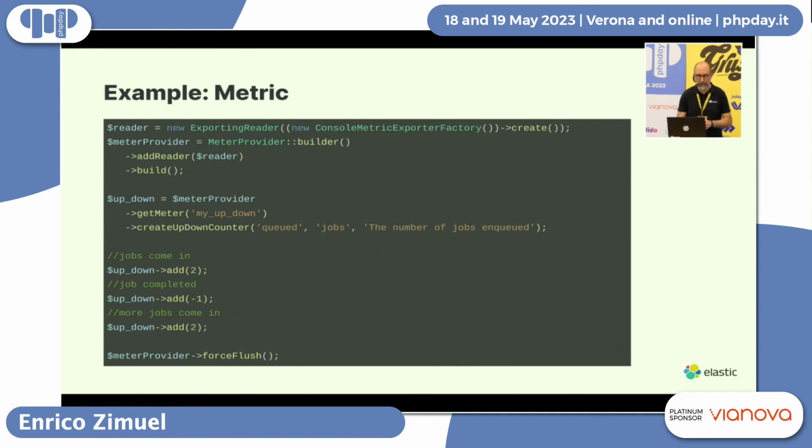So you can add some numbers here, 2, -1, 2, and so on. So imagine that you have a flow in your application and you have something that each time updates the value. This can be interesting. And force flush at the end is the event that forces the sending of the information.